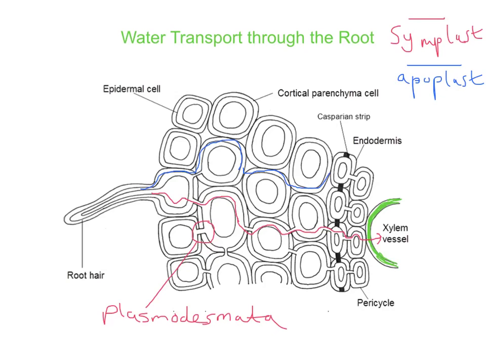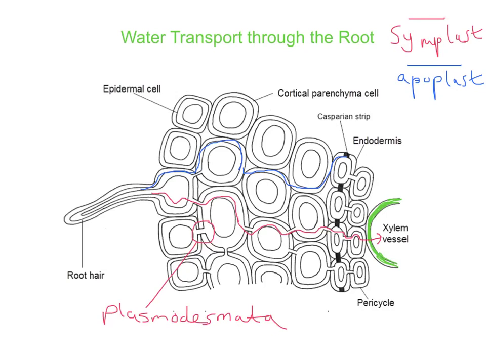So a little bit like this. Now, the cell walls are very absorbent and water can simply just diffuse through them, as well as passing through the spaces between them. So whereas the Symplast method goes through cytoplasm, the Apoplast method goes through cell walls.